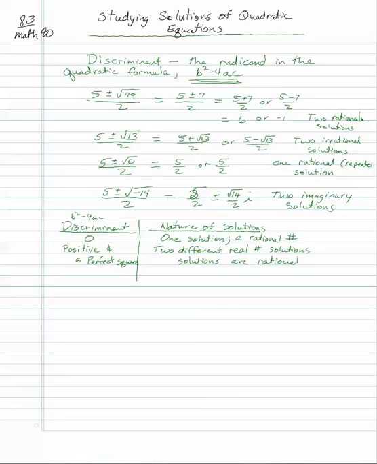If it's not a perfect square, then the solutions are irrational. So the square root doesn't go away, so it's irrational.